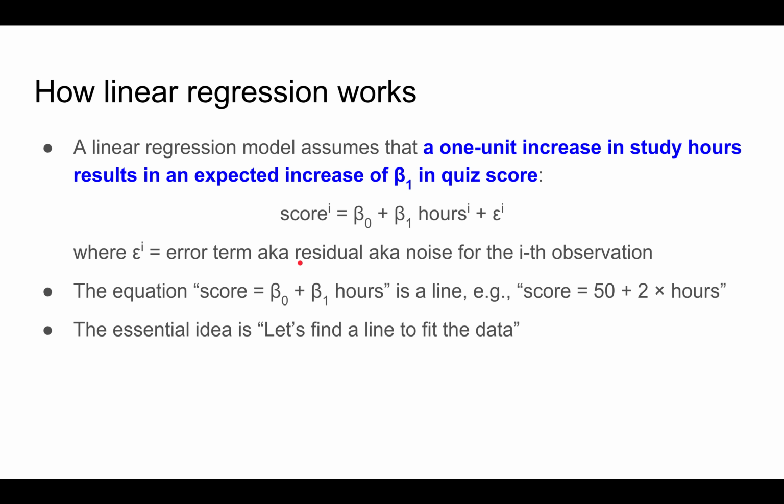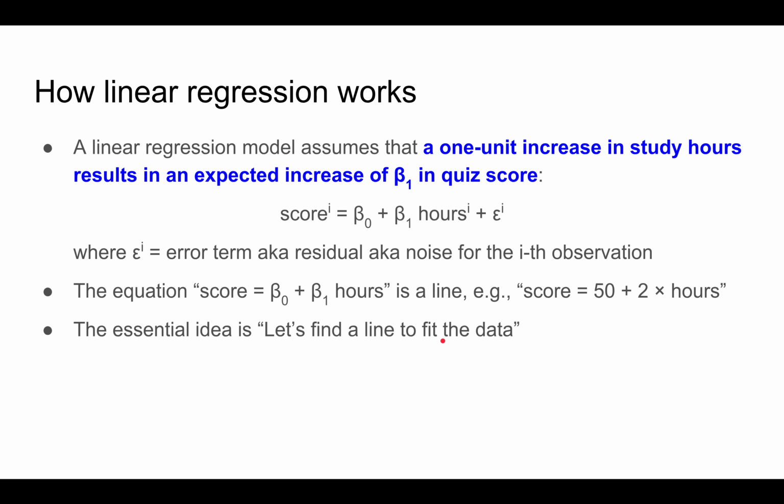Basically, this equation is the equation of a line. So for example, y equals c plus m times x is the standard equation of the line that you've learned before in high school.